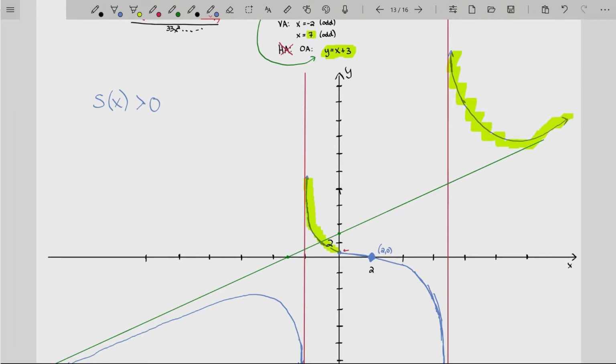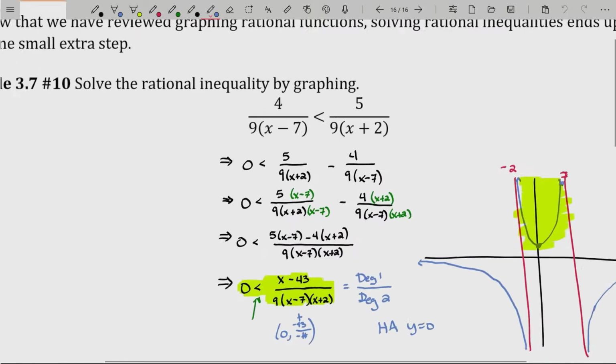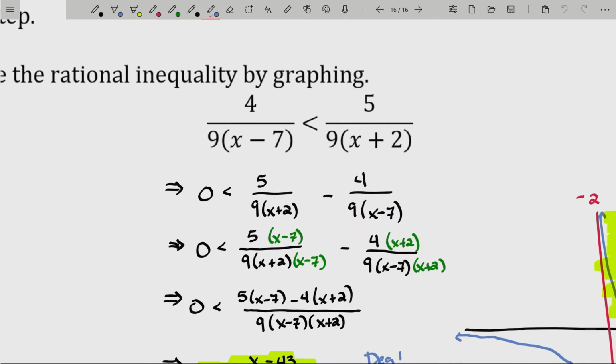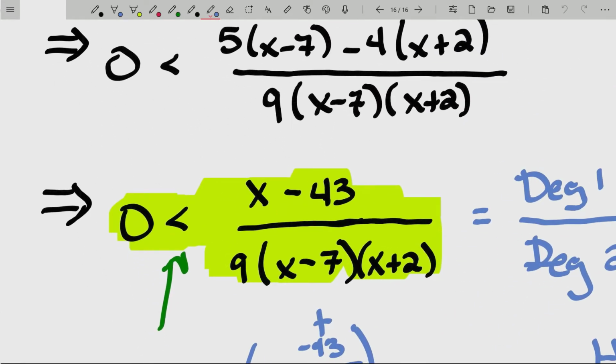Or I suppose that I could do it, like I did with the very first problem in this video, where I gave you a rational function on both sides and you had to move everything to one side. But at that point, again, you're just dealing with a rational function being greater than 0.